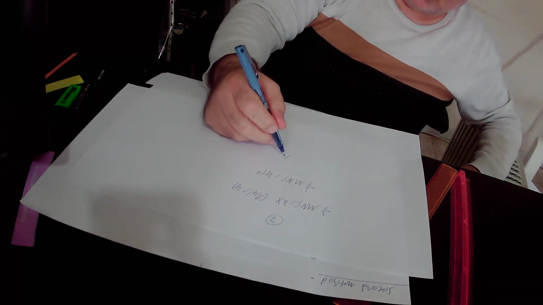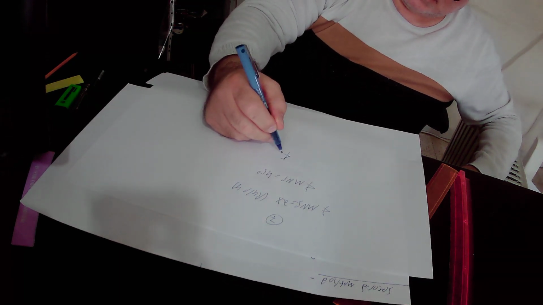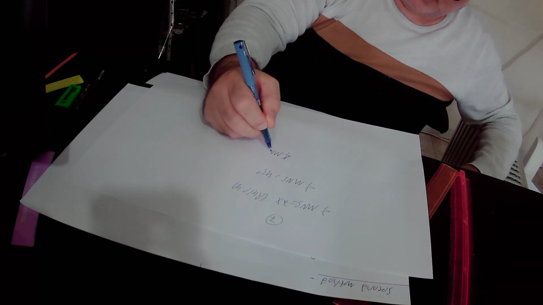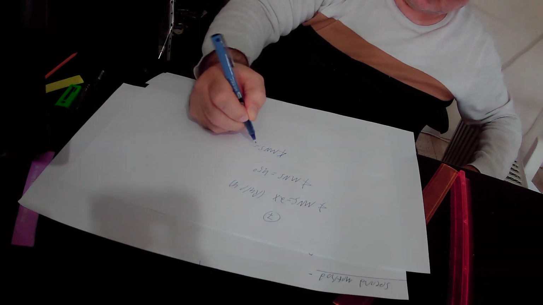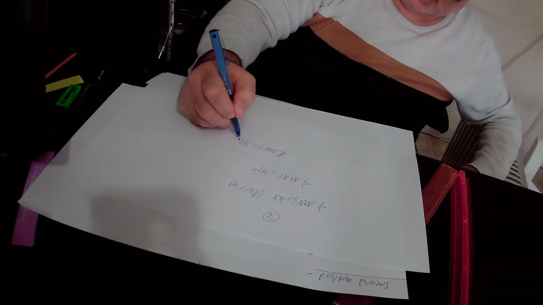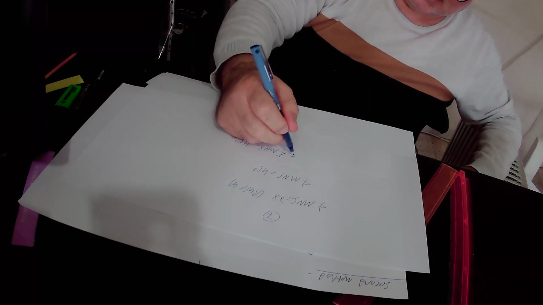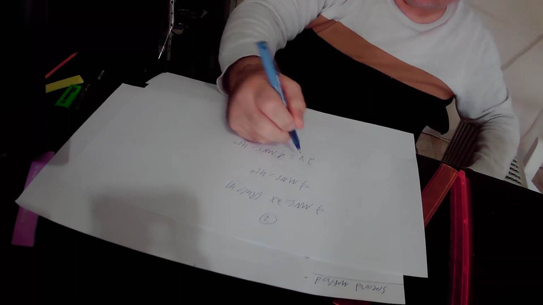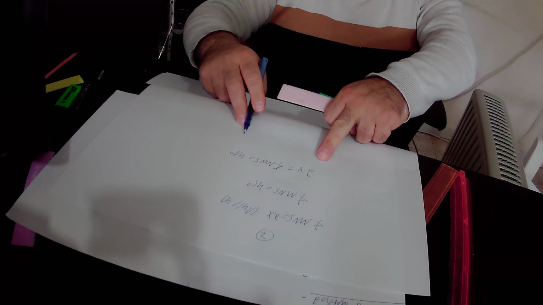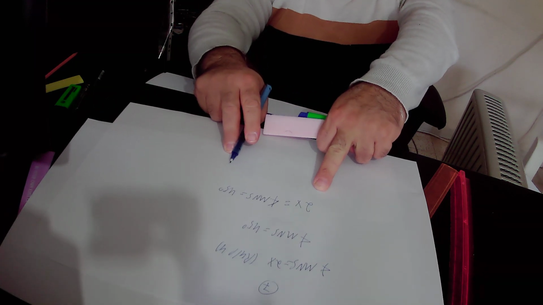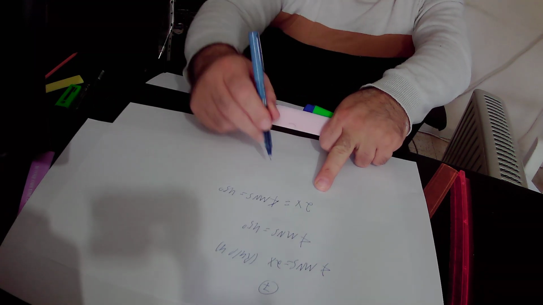So angle MNS equals, from one side, 45 degrees, and from the other side it equals 2x. From this equality we conclude that 2x equals 45 degrees.